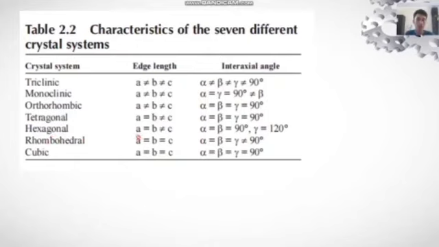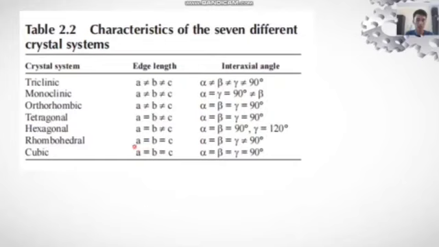Hexagonal: a equals b but is not equal c, alpha equals beta equals 90 degrees, and gamma equals 120 degrees.